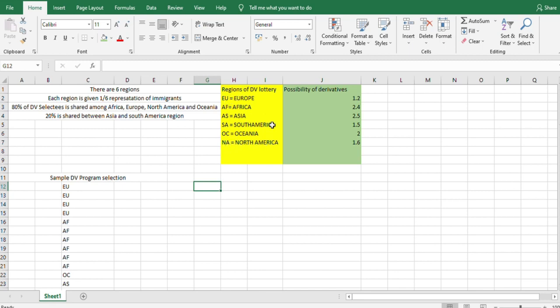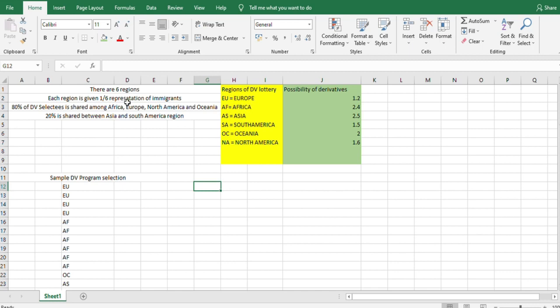If you come from a country in Asia, you are in the Asia region. If you come from a country in Europe, you are in the Europe region. If you are coming from a country in Africa, you are in the African region.